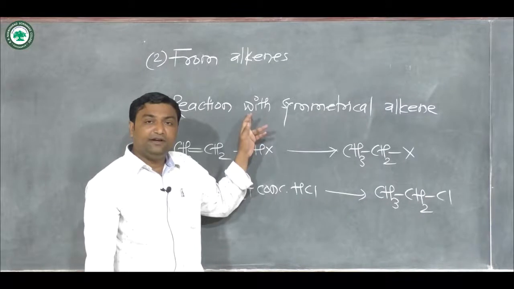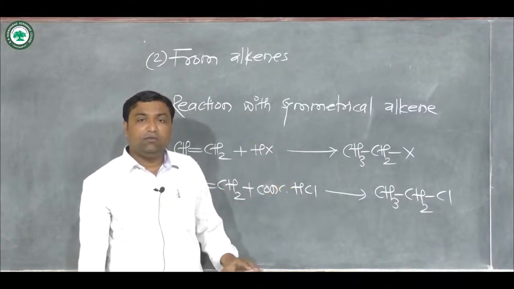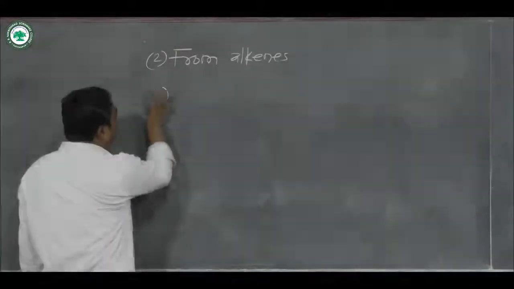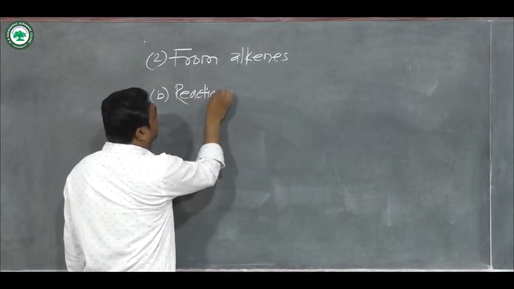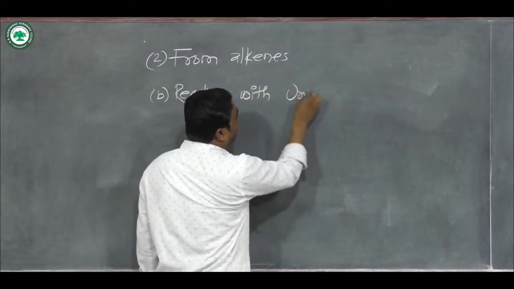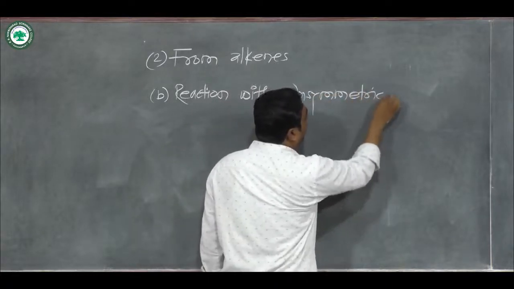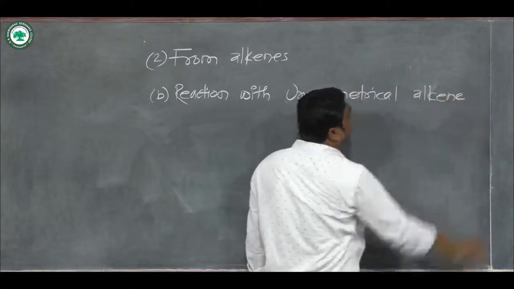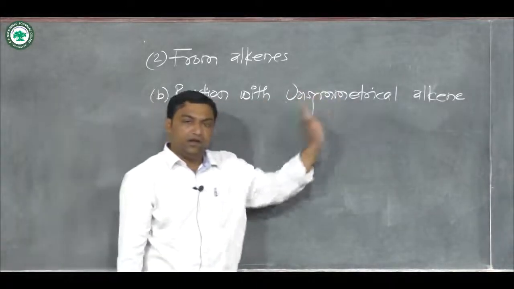Now, if this HX, that is the halo acid, is treated with an unsymmetrical alkene, then what will be the product of the reaction? We have to see now. Reaction of HX with unsymmetrical alkene.